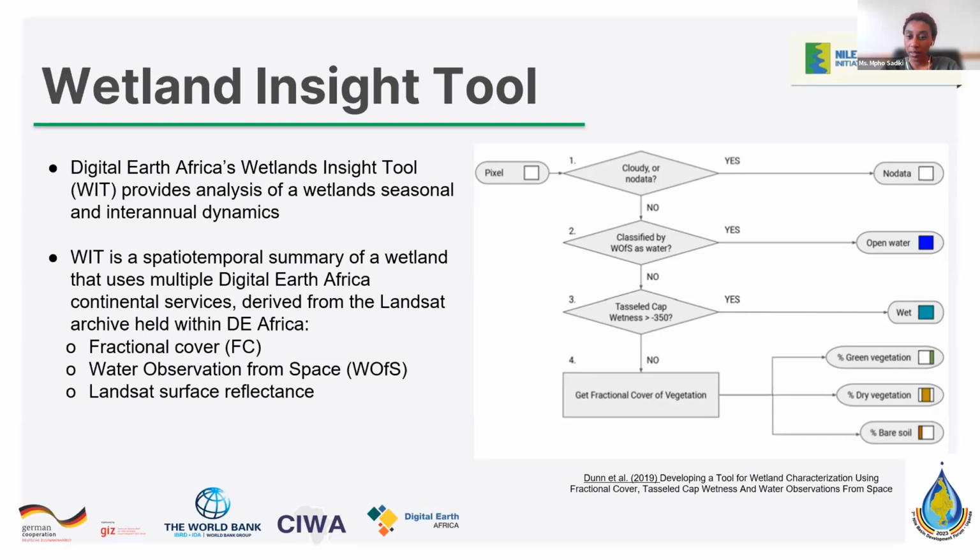And if that is not the case, it then uses the Landsat surface reflectance, computing the tasseled cap wetness to look at whether the pixel can be classified as wet, and the remaining is either classified as green vegetation, dry vegetation, or bare soil according to the fractional cover service.